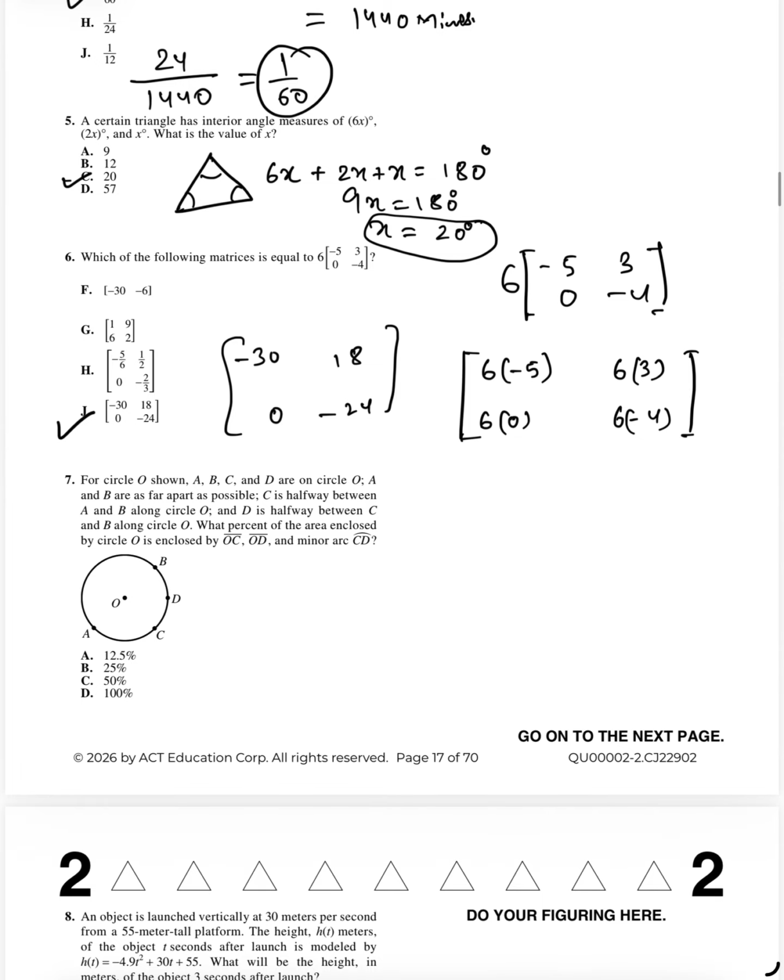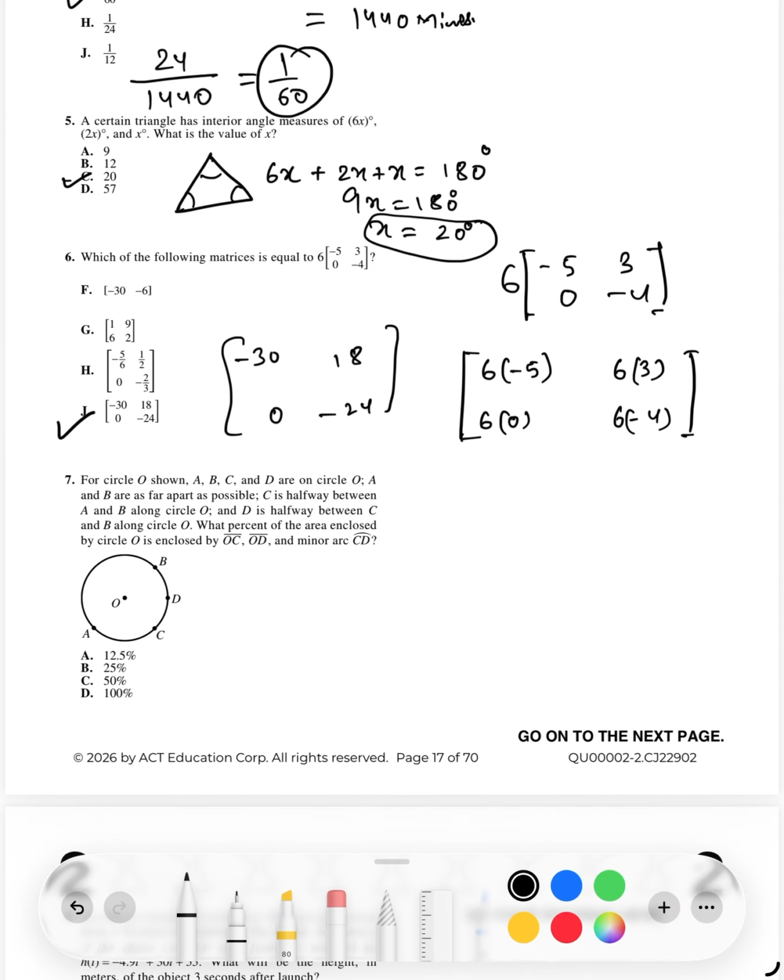So seventh question, number 7. A and B are far apart. See, A and B, this one. So that means arc AB is 180 degrees.